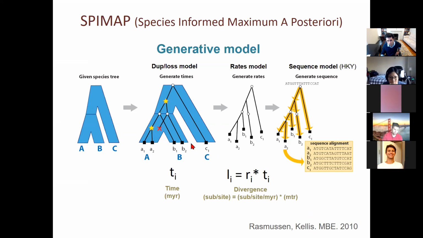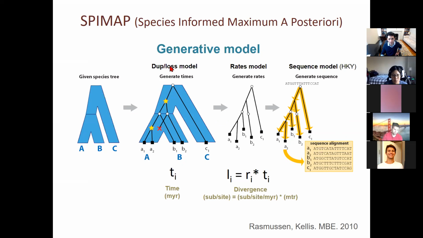And again, the goal is not to simulate, but to infer the posterior probability of having observed the data. But having a generative model allows us to use Bayesian inference to infer the most likely tree overall using the probability that the particular topology that I'm proposing could have been generated from that species tree and this evolutionary model.